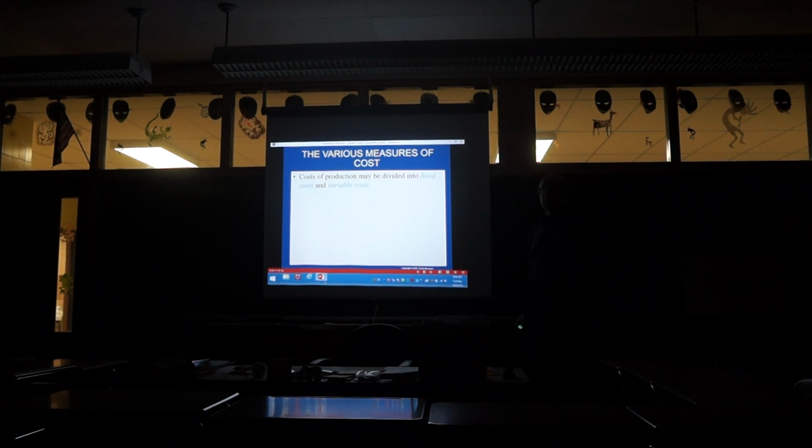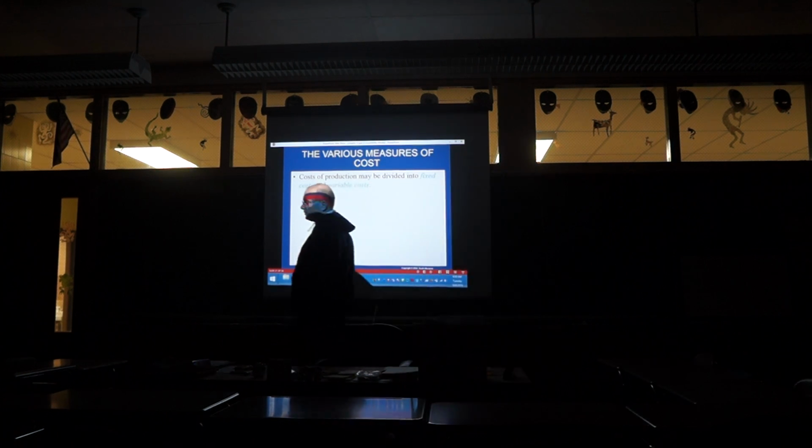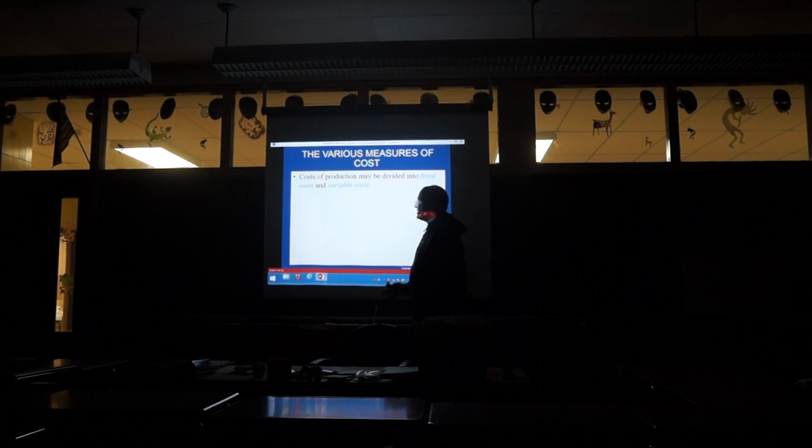Now there are two types of costs we'll deal with. One is fixed and one is variable. Fixed costs are costs that stay the same no matter how much you produce. So rent is a fixed cost. No matter how many hamburgers McDonald's sells, the rent is the same.